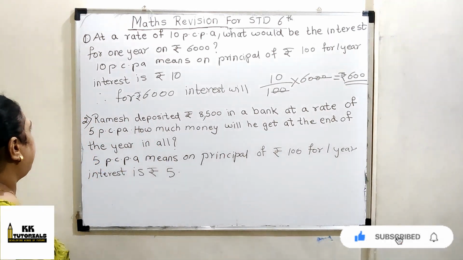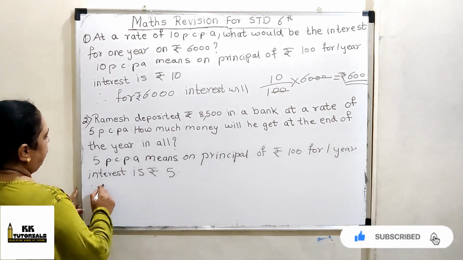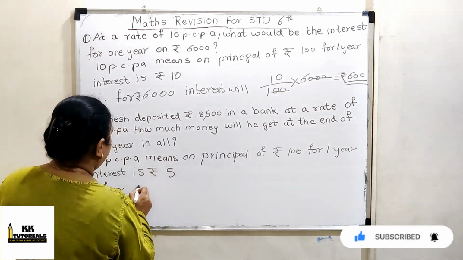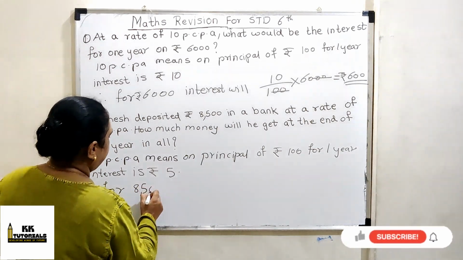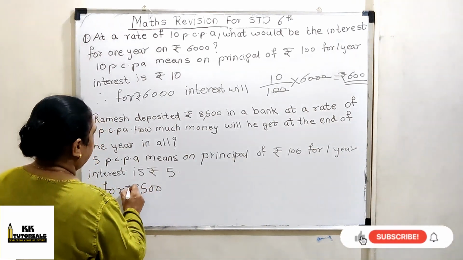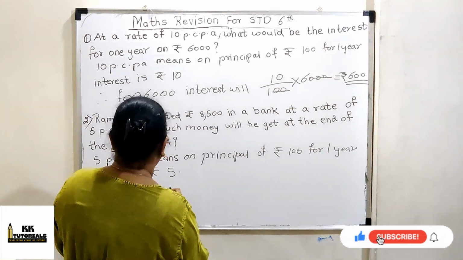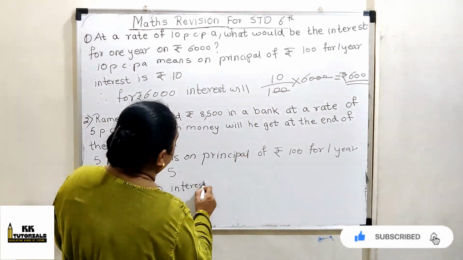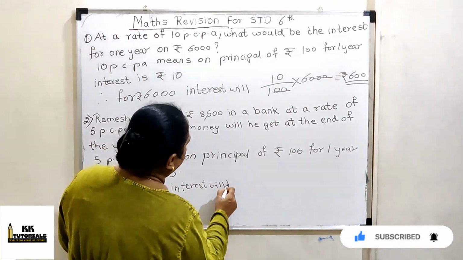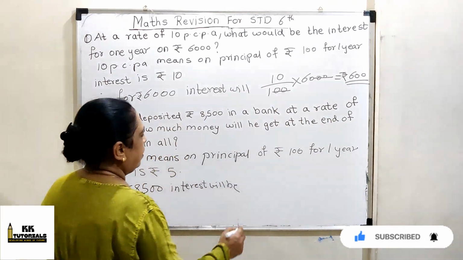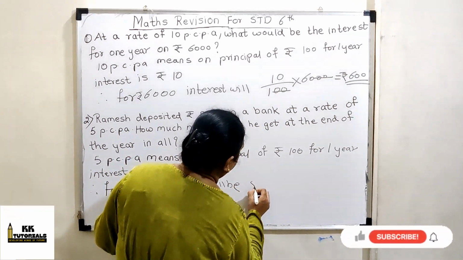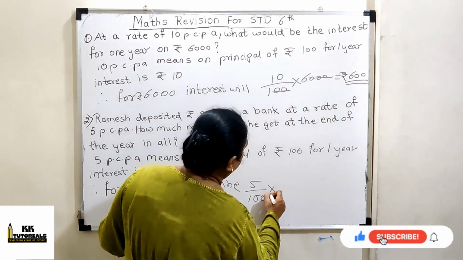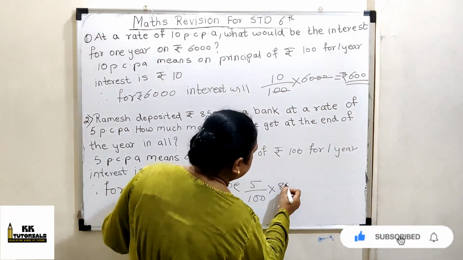Now, therefore, for 8,500 rupees, interest will be 5 upon 100 multiplied by 8,500.